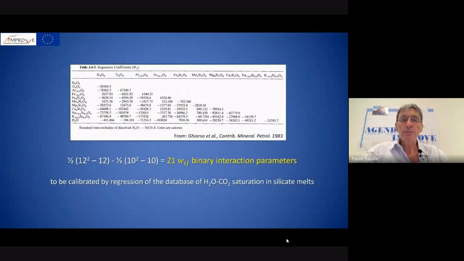That makes our job easier, since now the Wij parameters that must be determined by regression of the database decrease in number from 66 to only 21: 10 for the interaction between water and each other major component, such as silica, alumina, and so on, 10 for the similar interaction between carbon dioxide and each major component, and 1 for the intervolatile interaction, that is, the interaction between water and carbon dioxide.